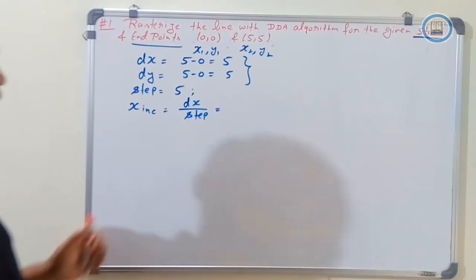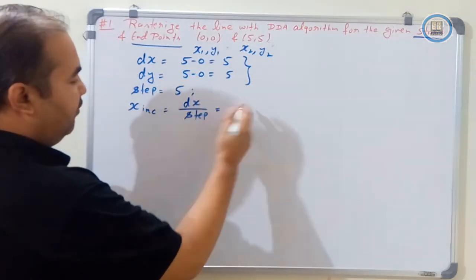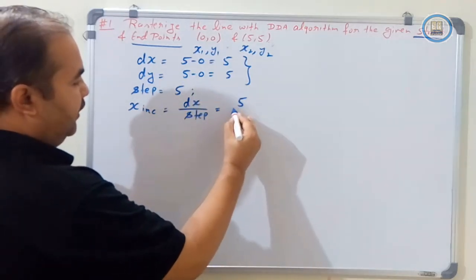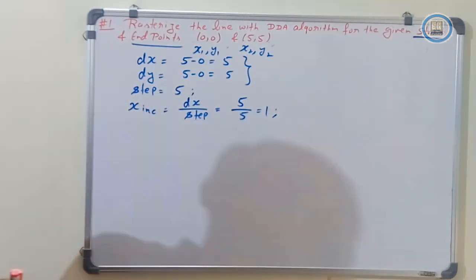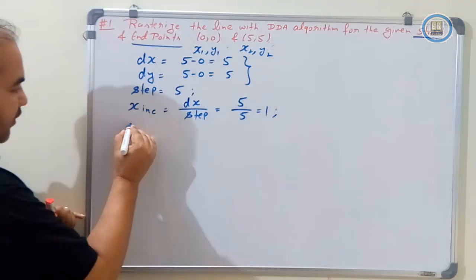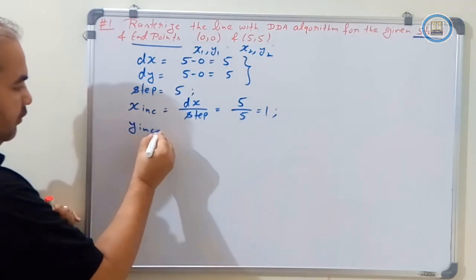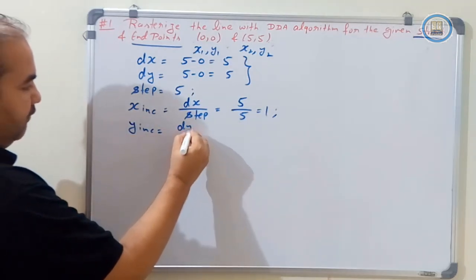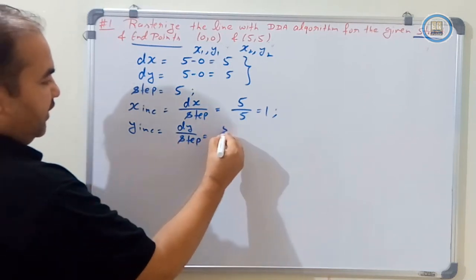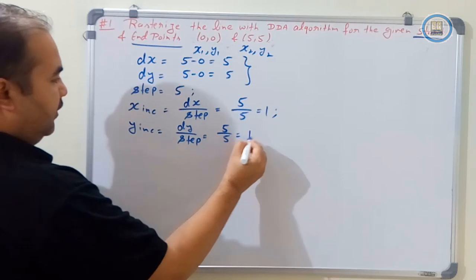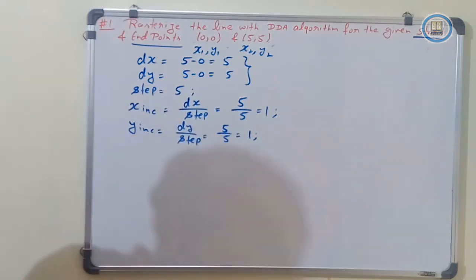The value of dx is 5 and the step is 5, so the value of x increment will be 1. And the value of y increment is also dy divided by the number of steps. It is 5 upon 5, so this is 1.